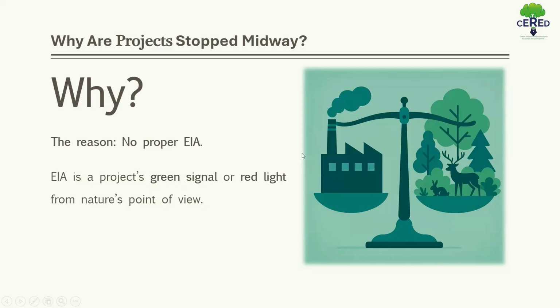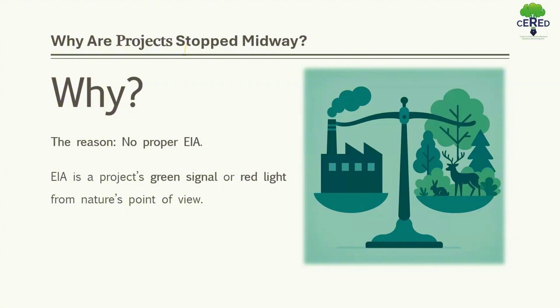Think of EIA as nature's traffic signal. When done properly, it flashes red for danger, green for go ahead, or yellow for caution. And it tells us, wait, this area is ecologically sensitive, or proceed, but with safeguards in place. Without it, we are essentially driving blind. And when we ignore that signal, what happens?